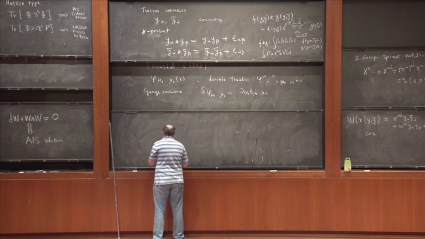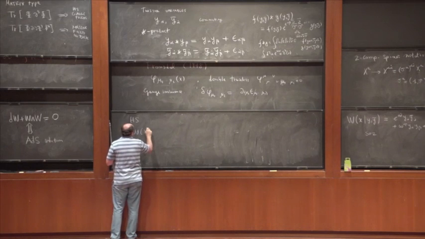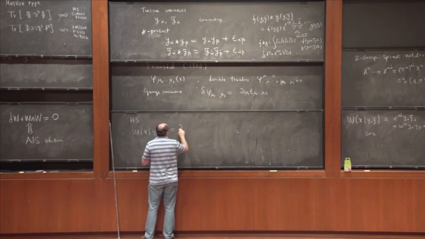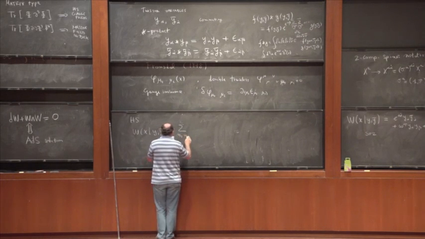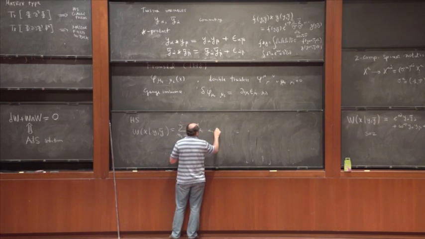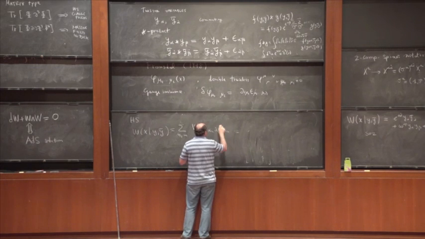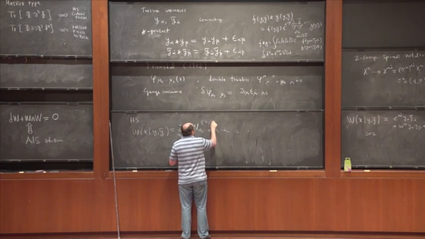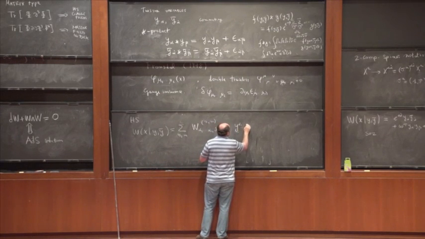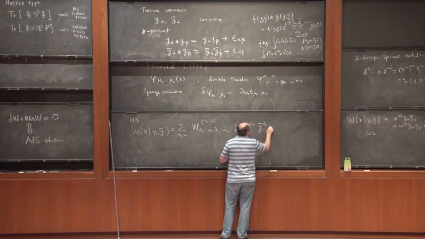Okay, so for higher spin now, allow this to be a general function of y and y bar. Denote it as n comma m, where n denotes how many y's there are, and m how many y bars.